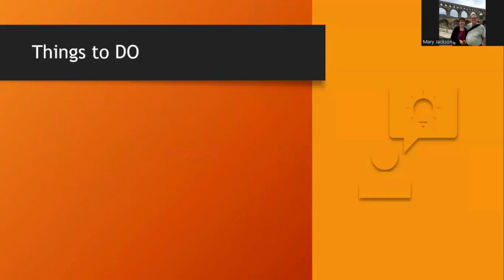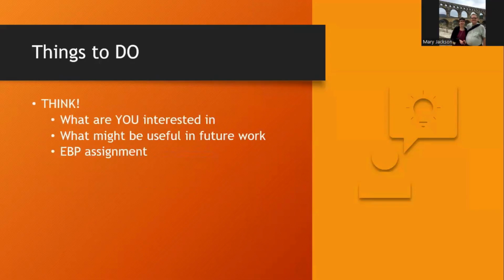Here are some things I recommend that you do as you're preparing to do this project. First of all, spend some time thinking about it. What are you interested in? It might be that your evidence-based practice project assignment that you did earlier will lead you into your topic. And if you were interested in that, that's a good place to start. But if doing that did not keep you interested, then pick something else.